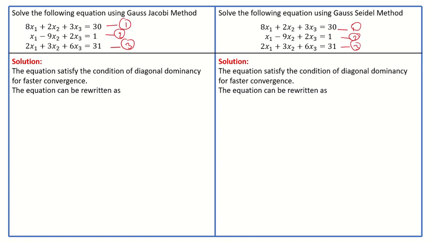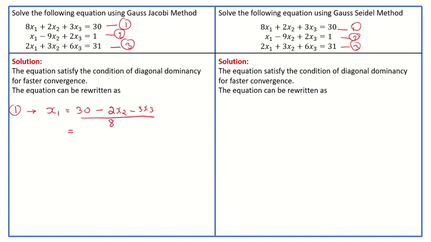Now from equation 1 we can write x1 equals 30 minus 2x2 minus 3x3, whole thing divided by 8.